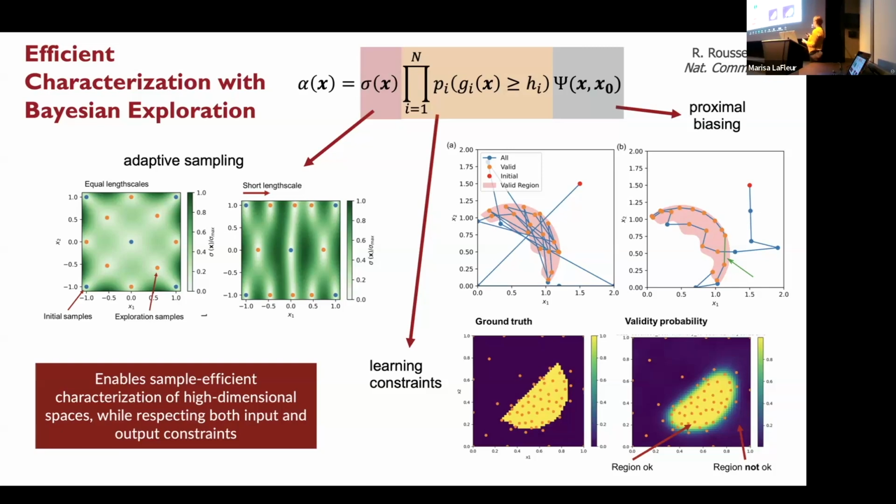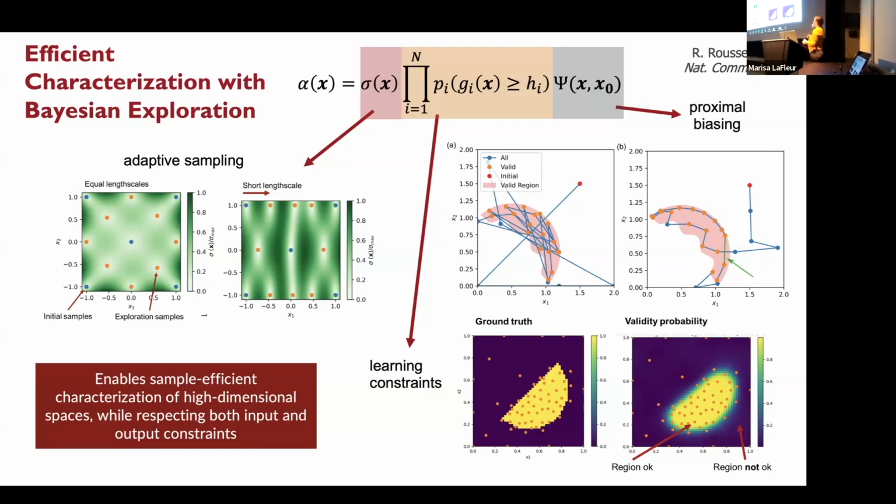And so we worked on an algorithm that we have been calling Bayesian exploration, where essentially we are sampling the parameter space subject to learned output constraints. So for instance, if we have a beam where we know that it's useful to have one of the parameters in a certain range, we don't even want to bother sampling if it goes outside of that range. And so we can set that as a learned output constraint that gets iteratively updated.